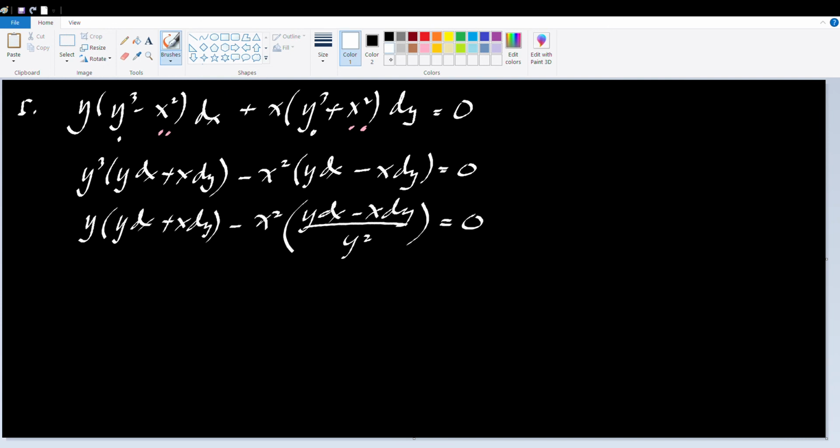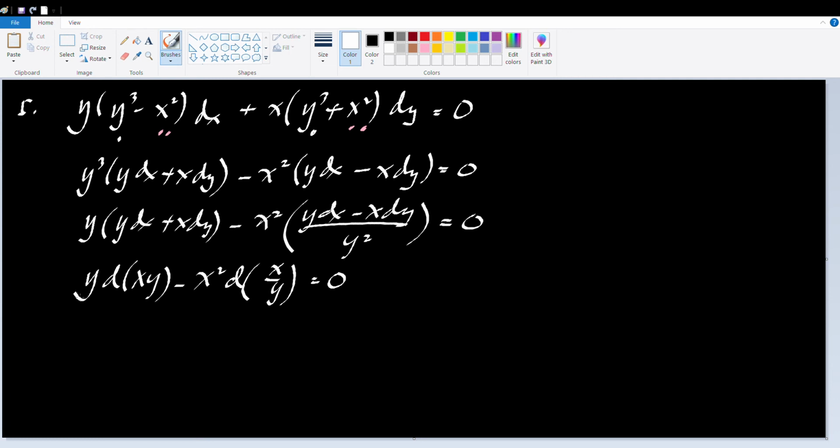Okay? So this is equivalent to y times the differential of xy minus x squared times the differential of x over y, all over y, equal to 0. At this point, we cannot evaluate yet the integral of the equation. Why? Because we see that the coefficient of the differential of xy is purely y.